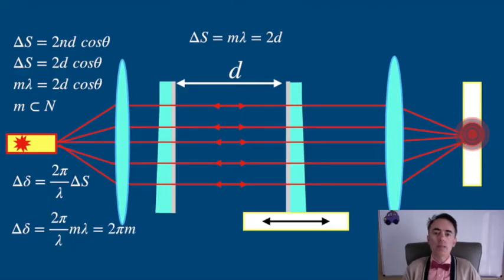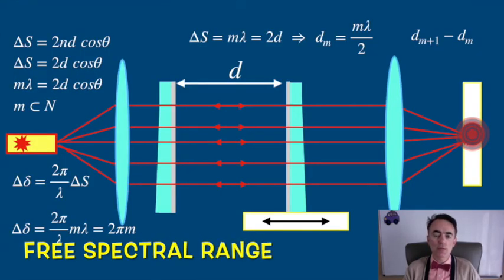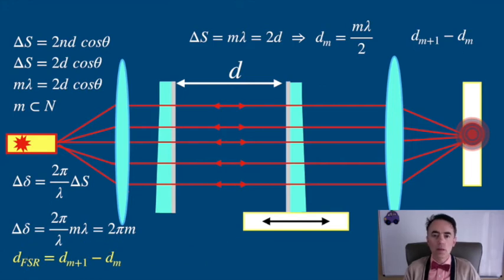So the maximum interference will happen when the distance between the two plates is d sub m equal to m lambda over 2. We define the distance between two consecutive maxima as the free spectral range, d sub FSR, equal to d sub m plus 1 minus d sub m, equal to lambda over 2.